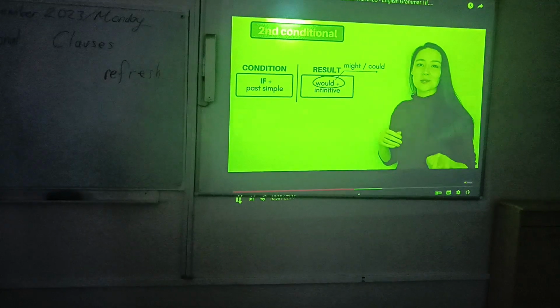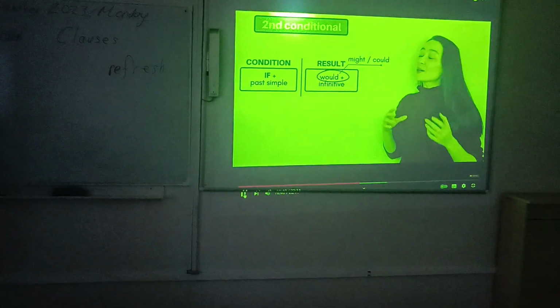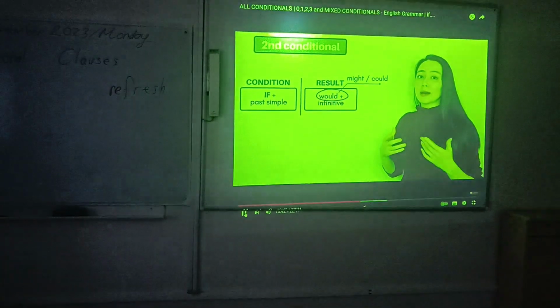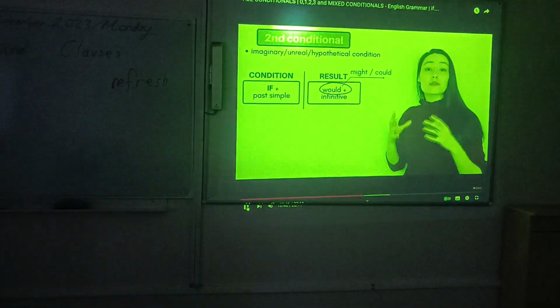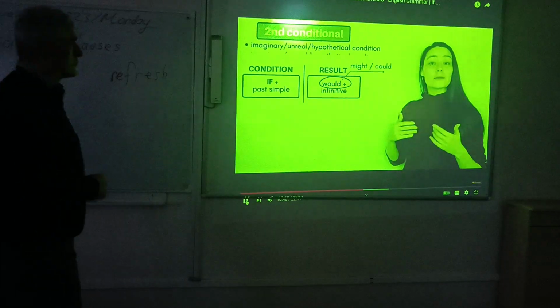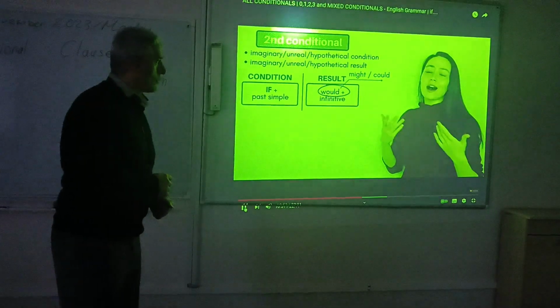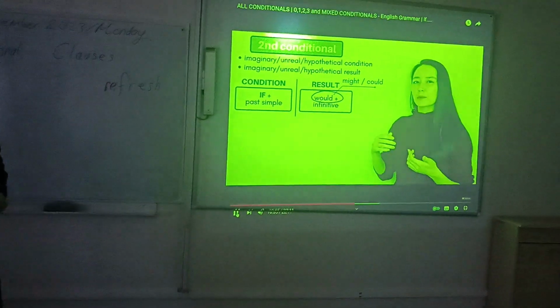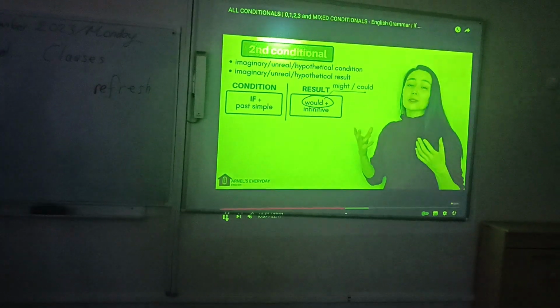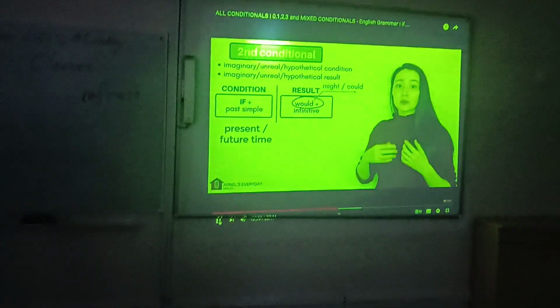Might, could are also possible. We use the second conditional to speak about an imaginary, unreal, hypothetical, present or future condition, plus its imaginary, unreal result. I know it's strange, we're using the past simple here, but we really are speaking about the present or the future, so just keep that in mind.